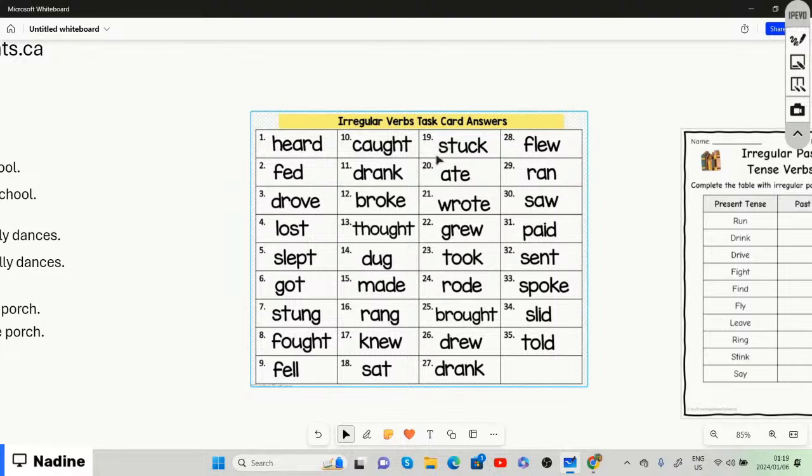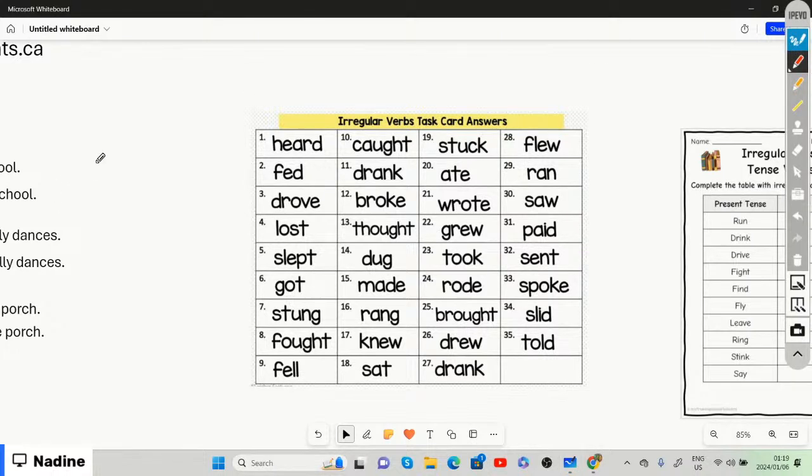All right, if we look at a few words, right? Heard. If we look at the first word, heard. These are all words in the past tense already, irregular past tense forms or verbs. So we're going to try and find or write down the present tense verb of these past tense verbs.